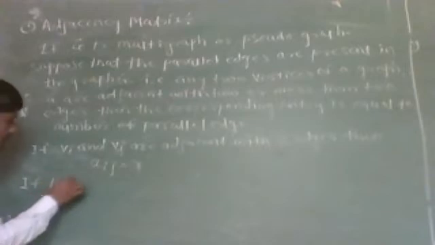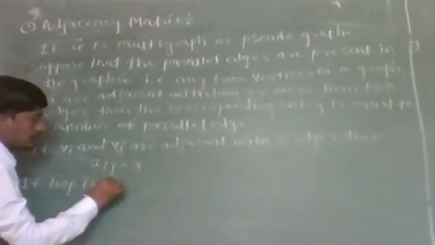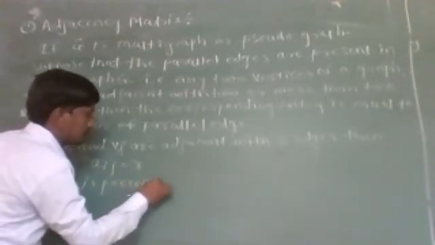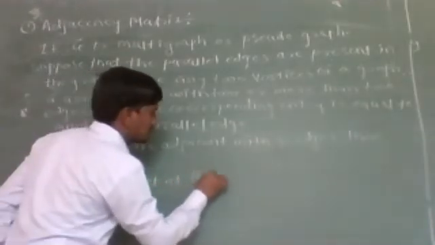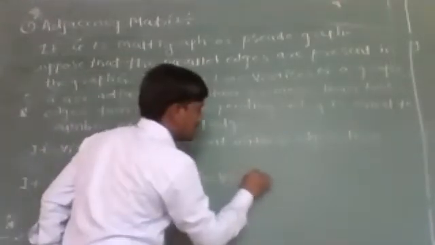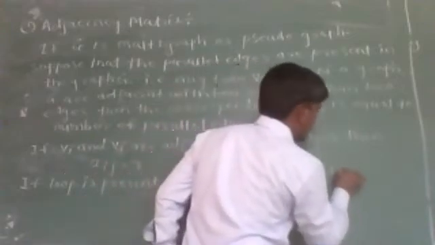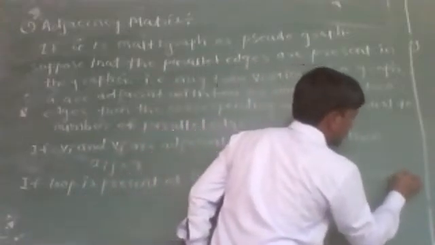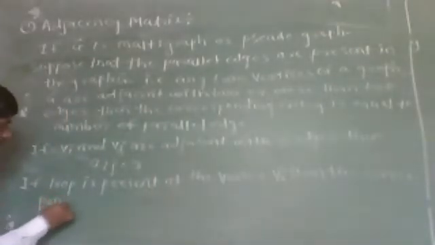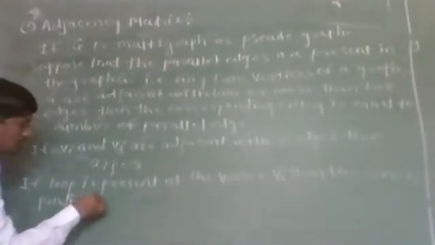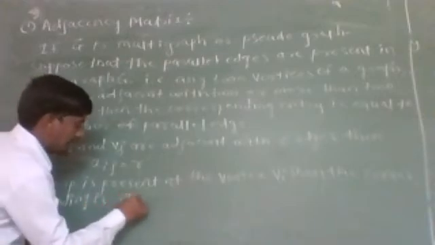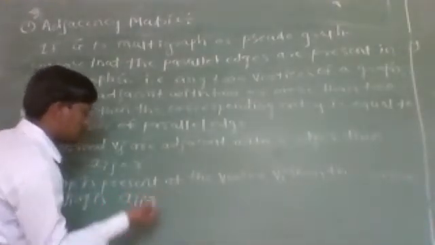Now suppose a loop is present at the vertex Vi, then the corresponding entry Aii will be equal to 1.